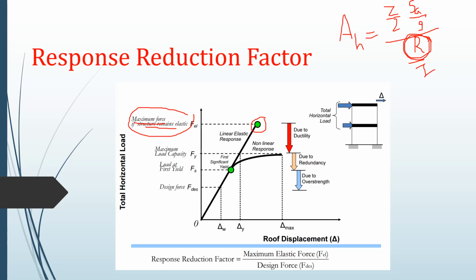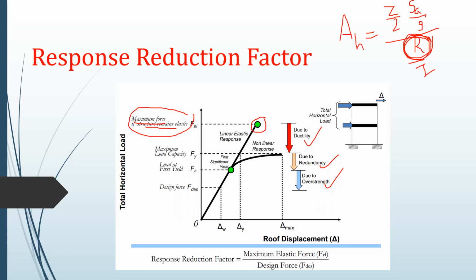And this response reduction factor accounts for three different phenomena: ductility, redundancy, and overstrength. Sometimes ductility and redundancy are considered in the same category, that is only ductility.